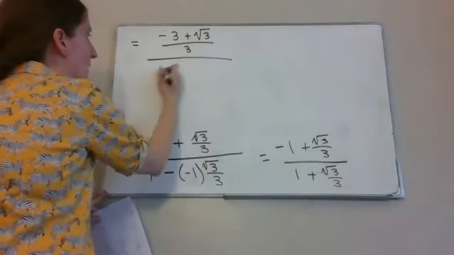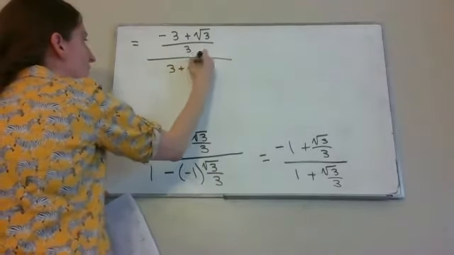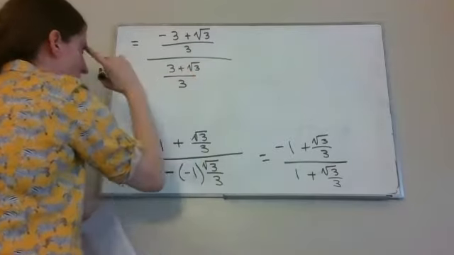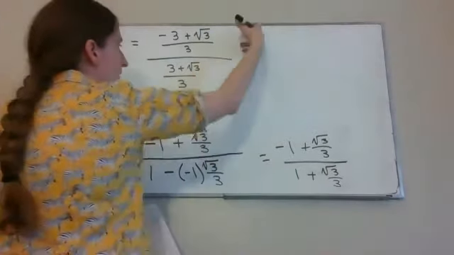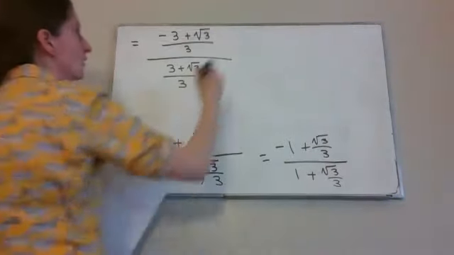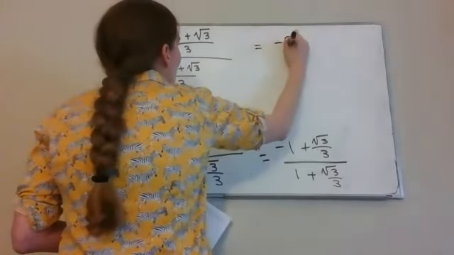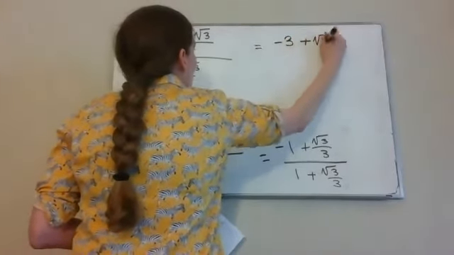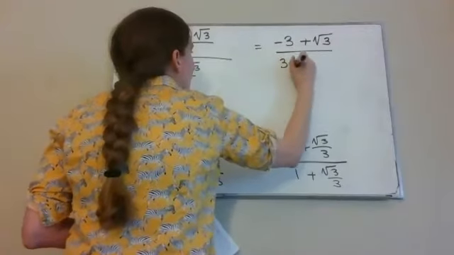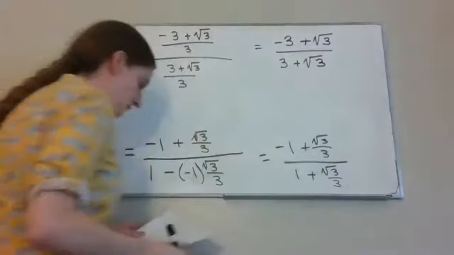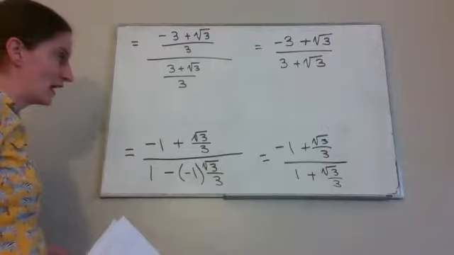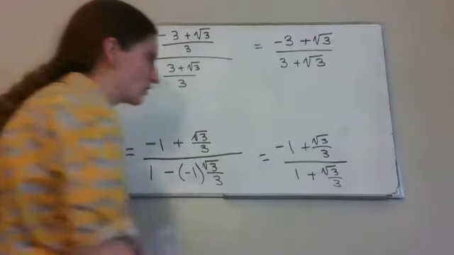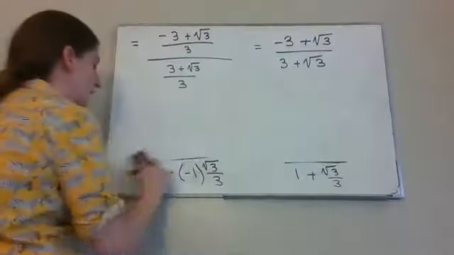And I can rewrite the bottom as 3 plus square root 3 over 3. Now, if I flip and multiply by the reciprocal of the bottom, this simplifies to negative 3 plus square root 3 over positive 3 plus square root 3. And that's technically the answer, but let's rationalize our denominator to try to make it a little simpler.